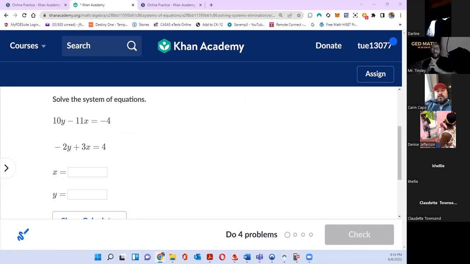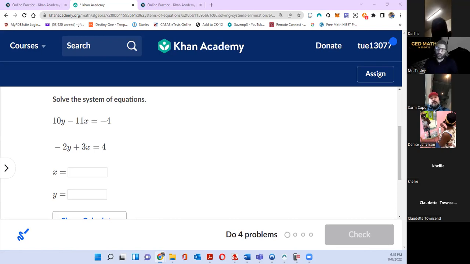But with 3 and 11, can I easily multiply something by 3 to get the opposite of negative 11? No. So we don't want to mess with the x's here, because there's no number that we can multiply by 3 to get positive 11.